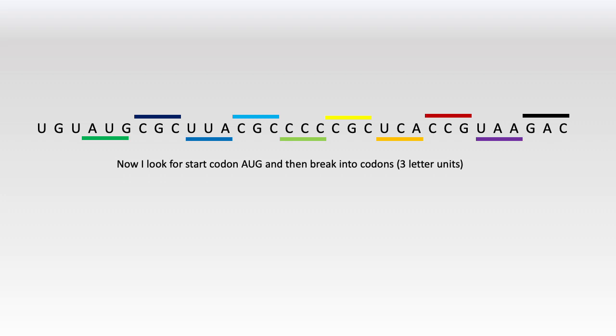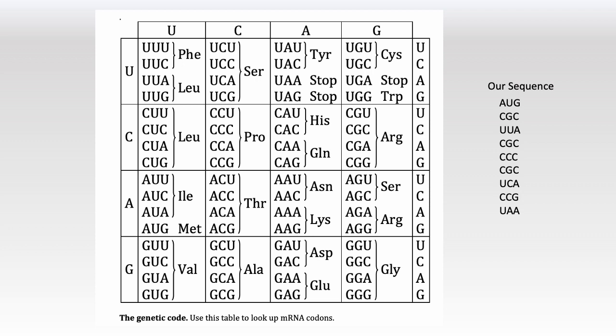And so I now need to find my stop codon, either my UAA, UAG, or UGA. Given what I have from AUG to UAA, I'm now going to take that sequence from AUG to UAA, and I'm going to start to assemble my amino acids.